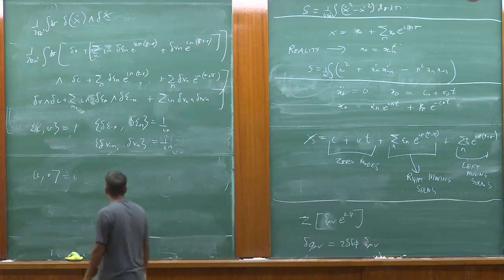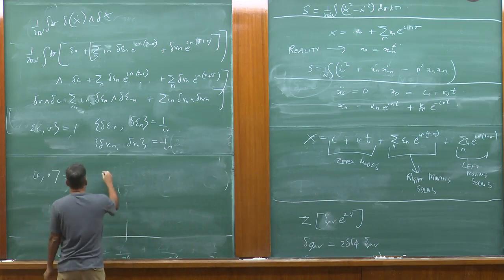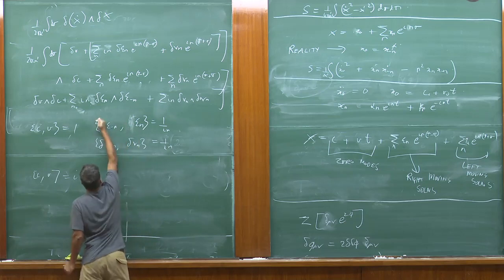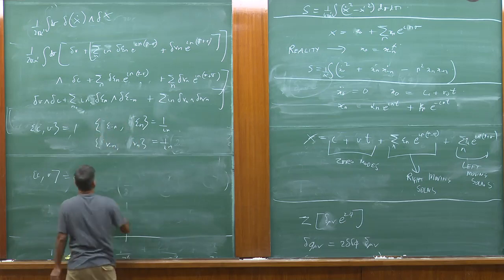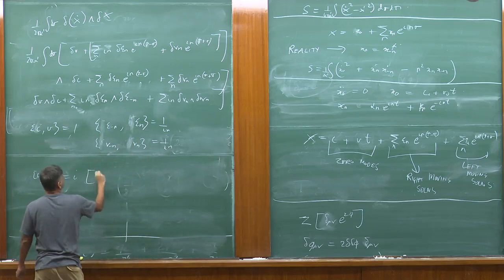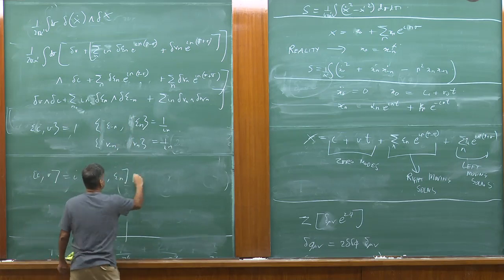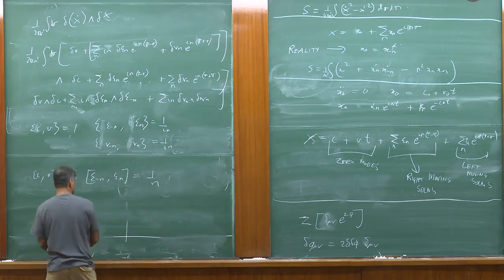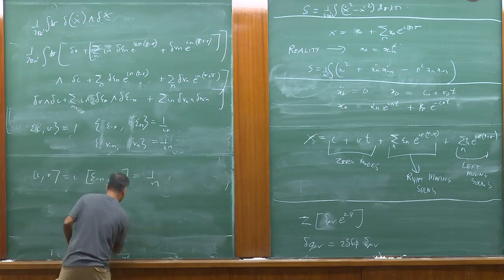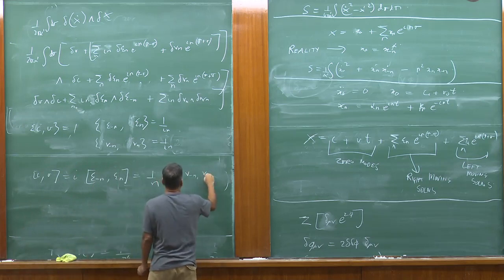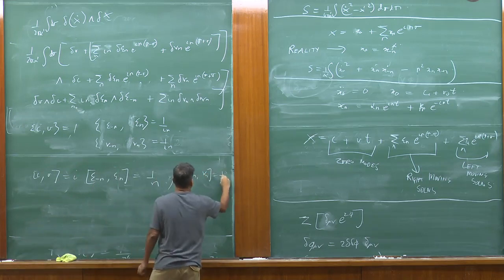That's the standard thing. In these Poisson brackets there's no delta. And then we have the commutation relation of zeta minus n with zeta n equal to 1 by n, and nu minus n with nu n equal to 1 by n.